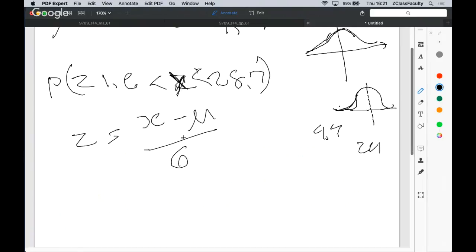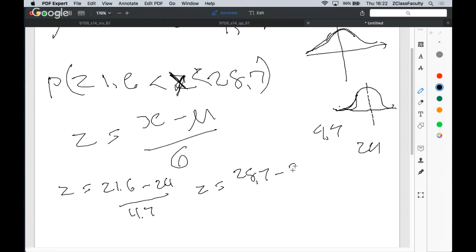So z is equal to 21.6 minus 24 over 4.7, and z is equal to 28.7 minus 24 over 4.7. So for this, z is equal to 1.